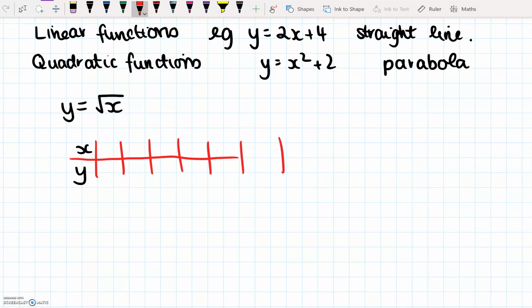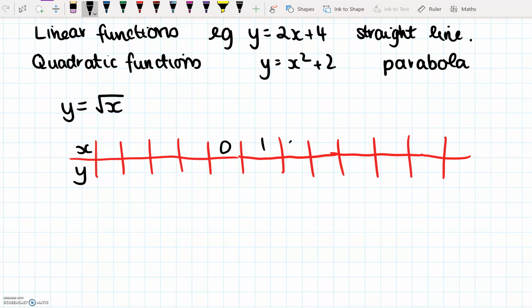You guys are going to use a ruler, you're not doing this by hand like I am. Let's put some numbers in here: 0, 1, 2, 3, 4, 5, 6, 7, and -1, -2, -3, -4. That'll do for the moment.